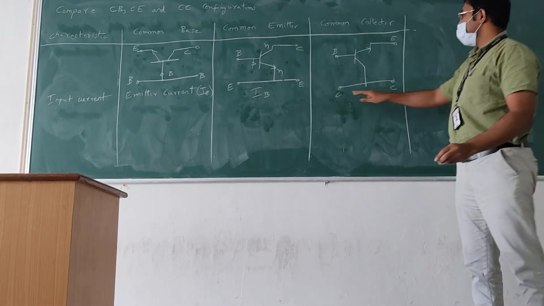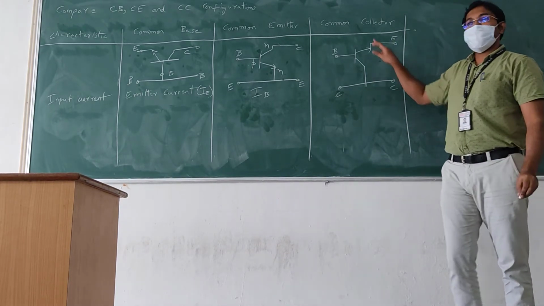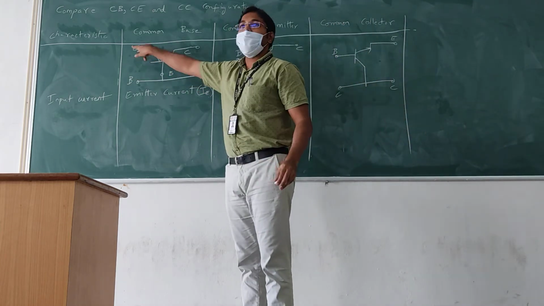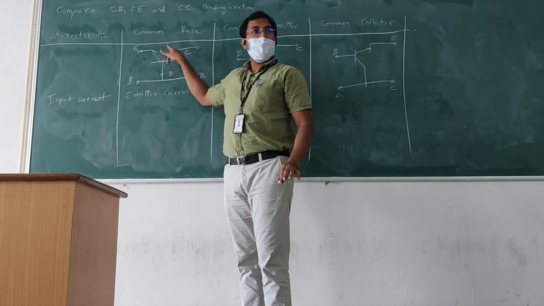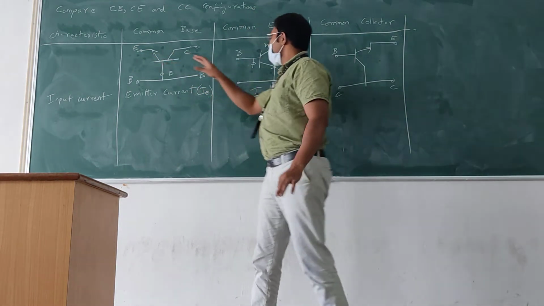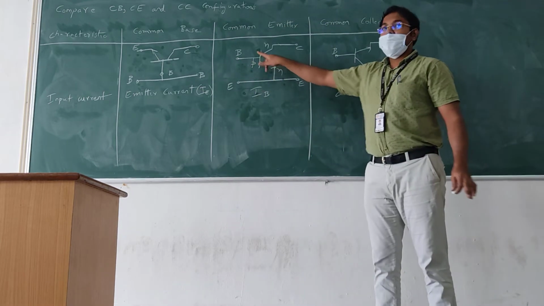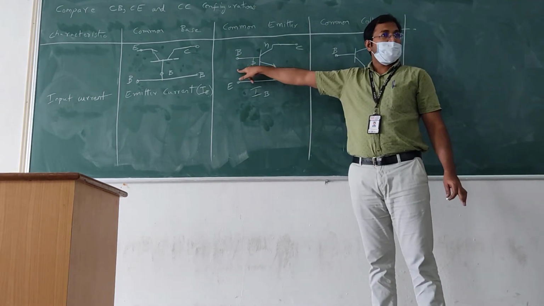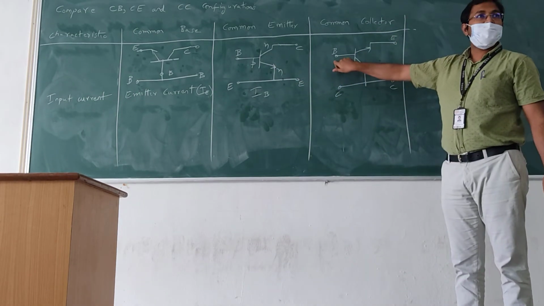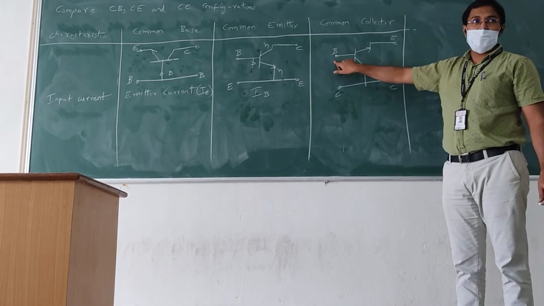All this we have already seen. You have to remember: when base is common, emitter is input, collector is output. Then when emitter is common, base is input. When collector is common, base is input again.